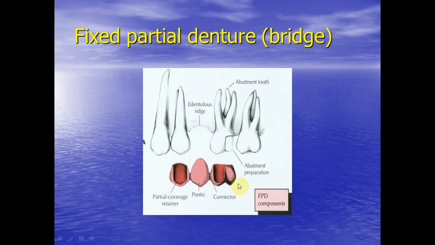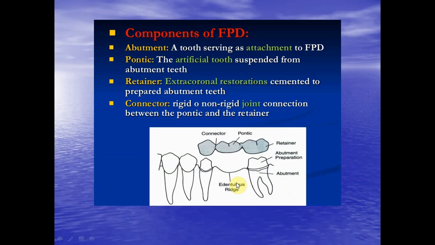Anyhow, in the bridge we have a retainer, which is an extracoronal restoration cemented to the prepared abutment tooth. So the abutment tooth carries the retainer. A retainer could be a crown, like a full crown, it could be a 3/4 crown, it could be an inlay or some post construction, but this all is in or on the abutment tooth.